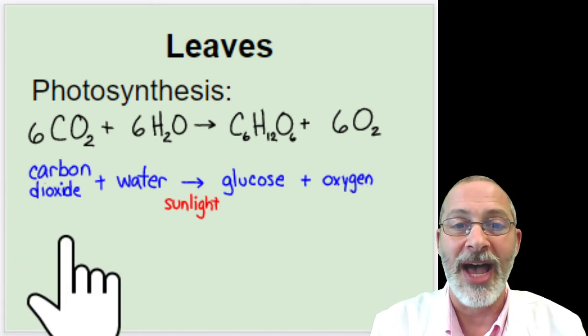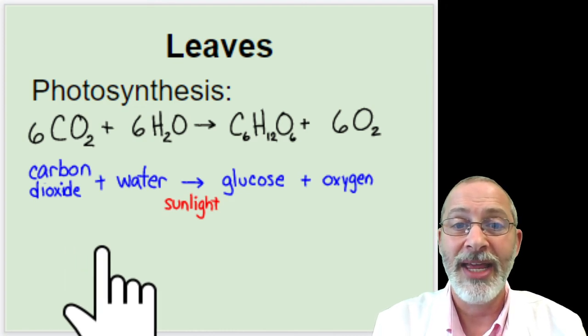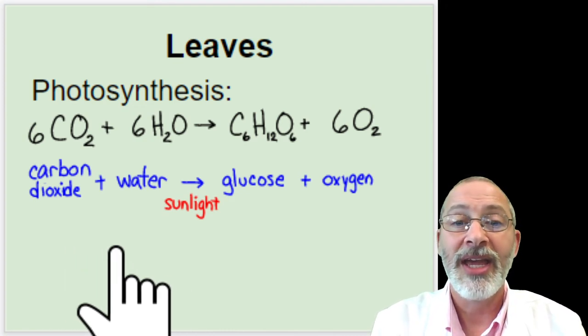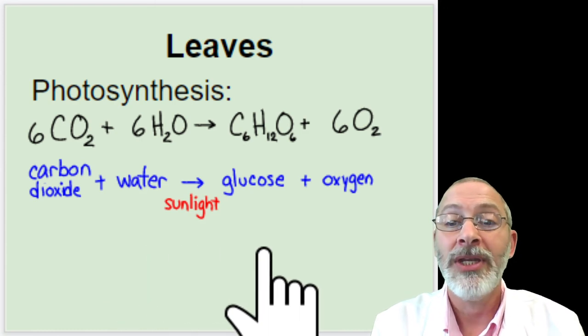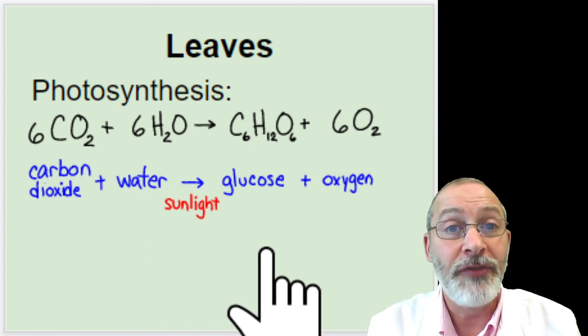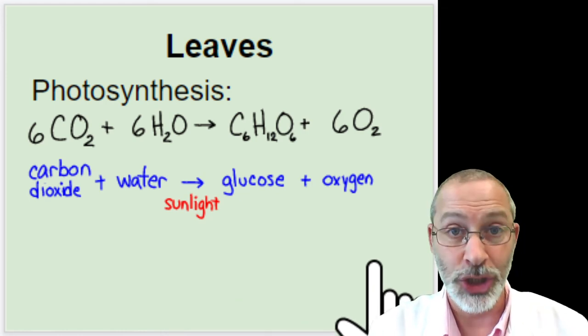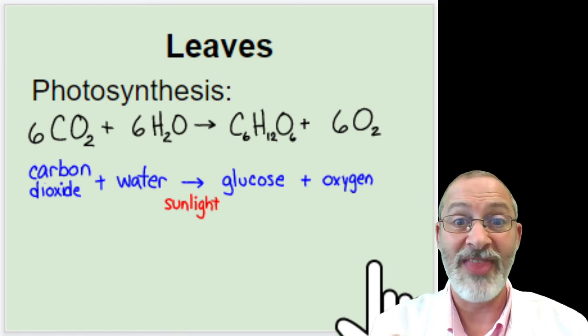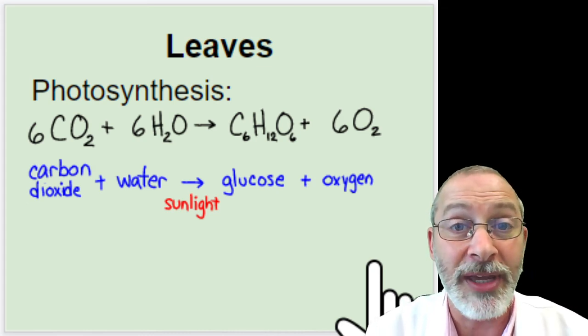Carbon dioxide and water combine together in the presence of sunlight to produce a food sugar called glucose and oxygen. That is what photosynthesis is, chemically speaking.